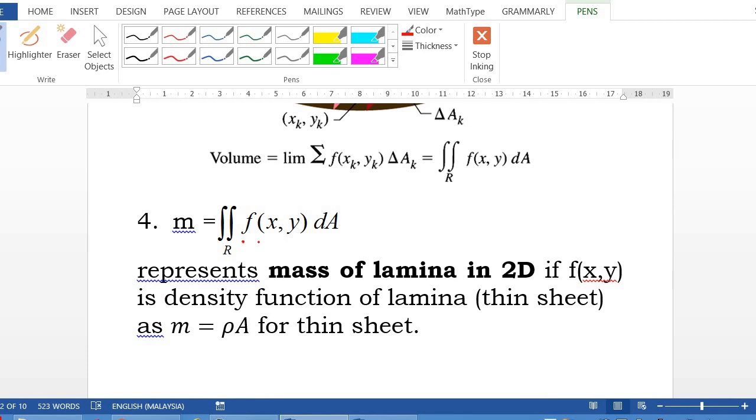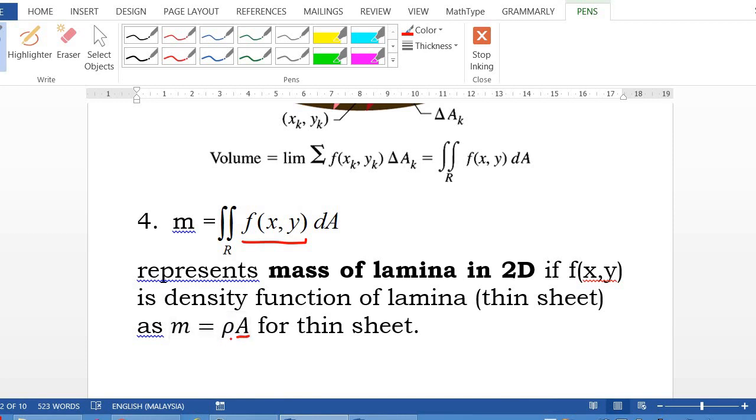If f(x,y) represents the density function of a non-homogeneous lamina, which is a very thin sheet consisting of area only, then this double integral represents the mass of the lamina in 2D, because a lamina doesn't have volume, only area.